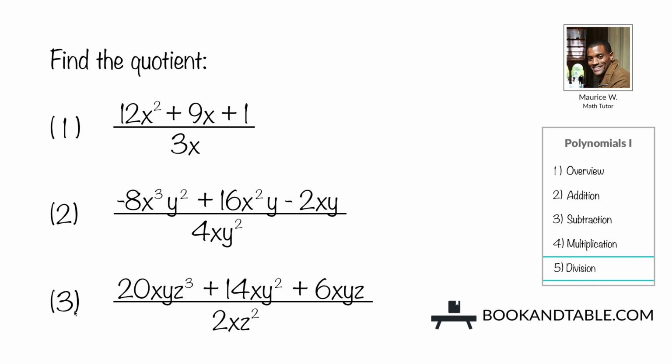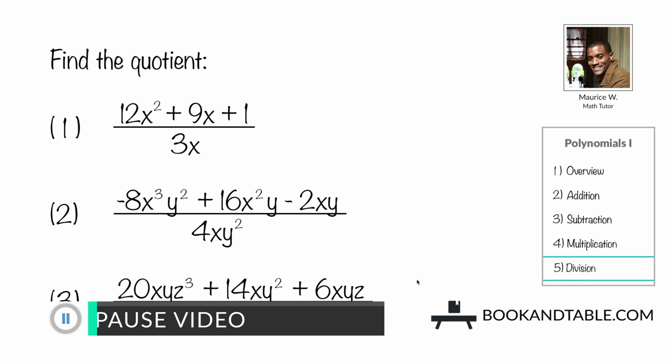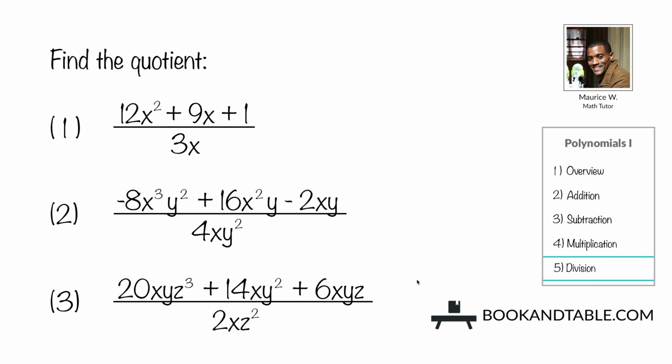And question number 3. Find the quotient of 20xyz cubed plus 14xy squared plus 6xyz divided by 2xz squared. Pause the video, answer these questions, and then press play when you are ready to begin.